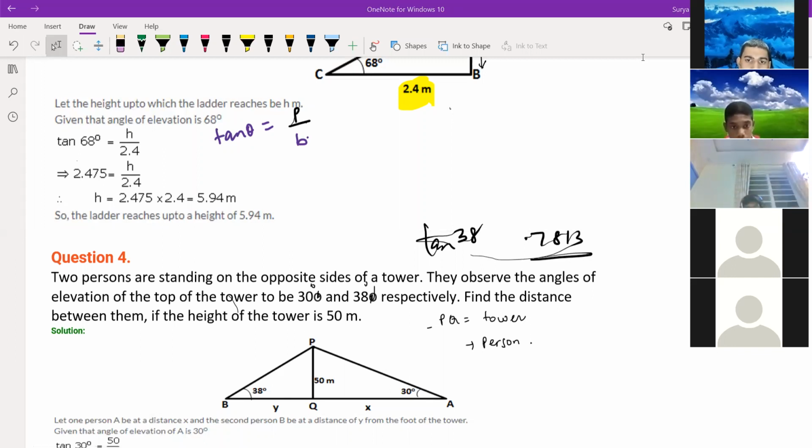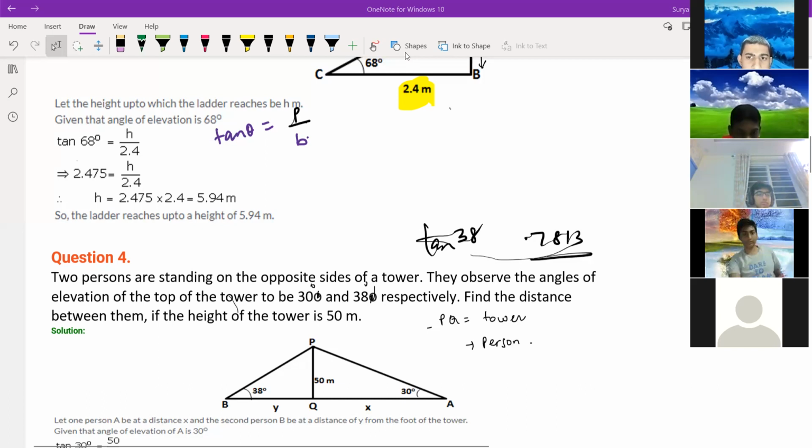One minute, Samarth, this is before the answer, right? Sir, how much did you say? One minute, Samarth.